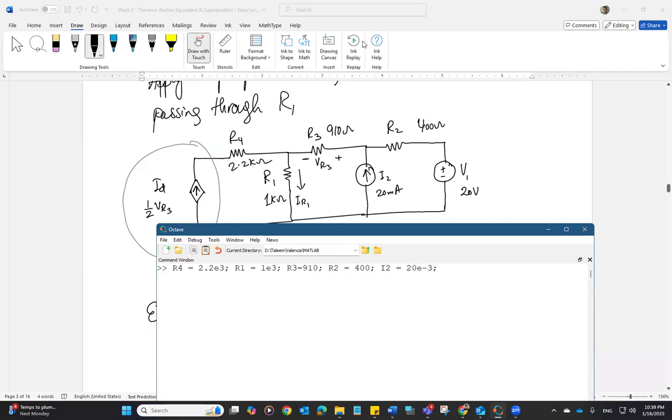V1 is left, so V1 is 24. I believe these are all the values: R4, R1, R3, R2, I2, and V1.